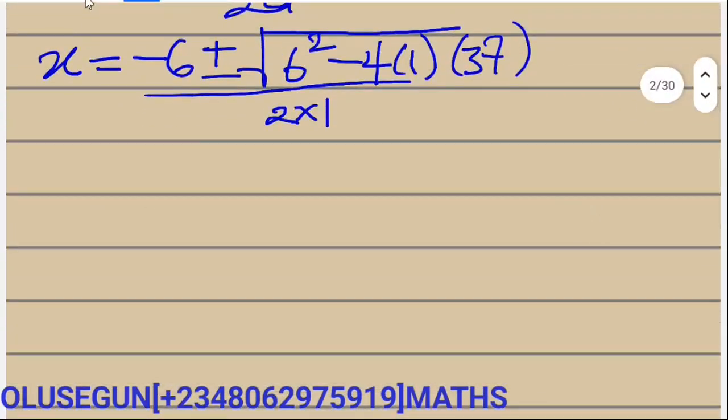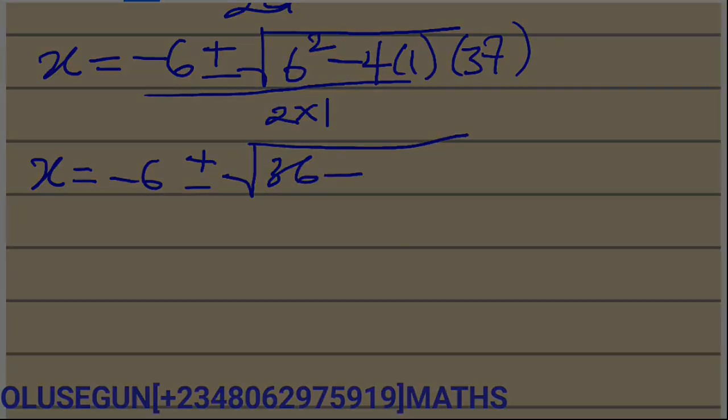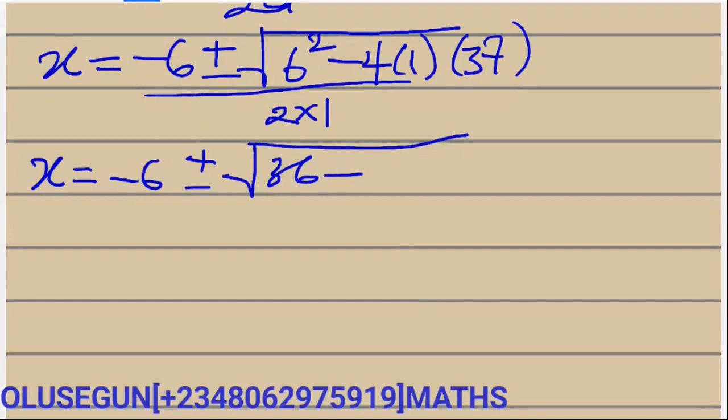So now, we have x is equal to minus 6 plus or minus square root of 36 minus 4 times 37, which gives you 148, over 2.